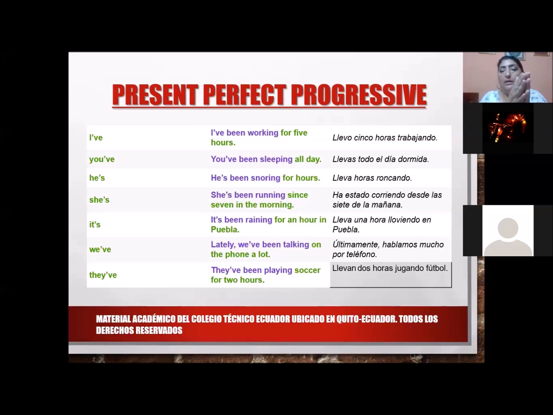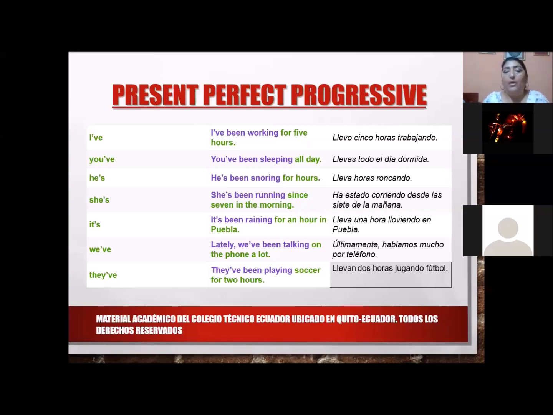She's been running since 7 in the morning, when the action started or began. Okay? When it began. Continue. For an hour. For, remember, for the time, the complete time.